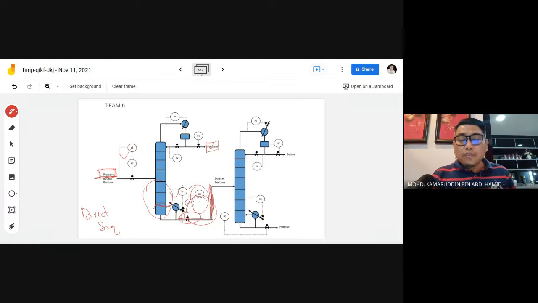You need to look at the overall total mass balance. Okay, you look at the overall total mass balance. Okay, I draw a boundary over here. Okay, what enters is one, right? Correct. This is a boundary, so this is our feed in.